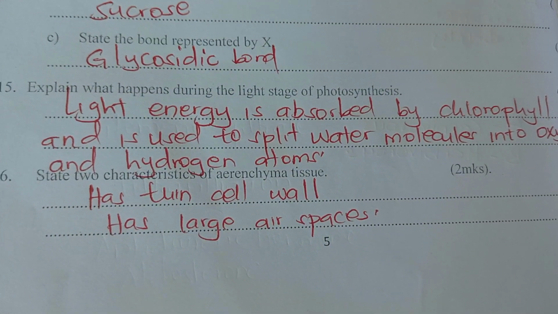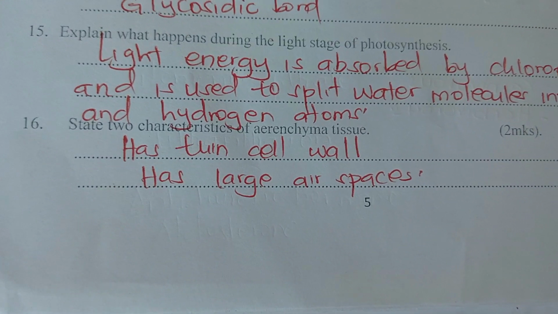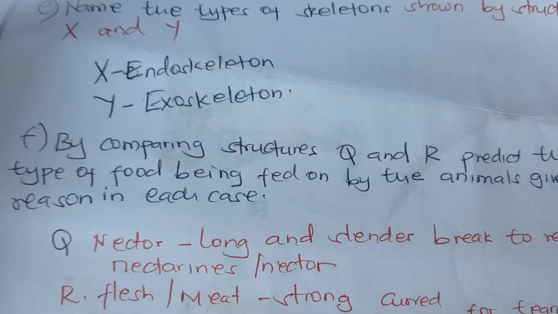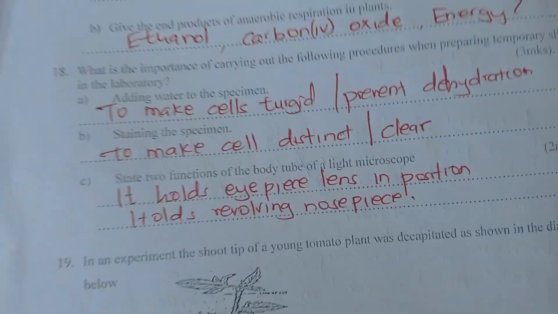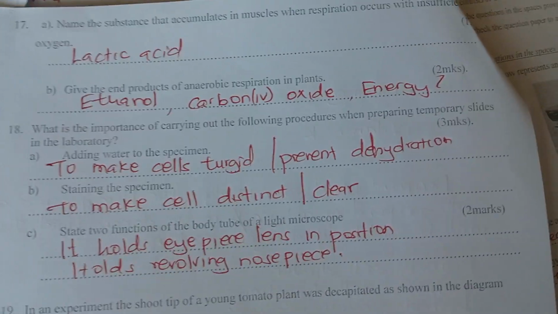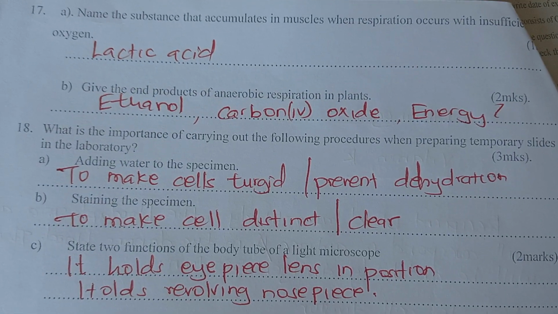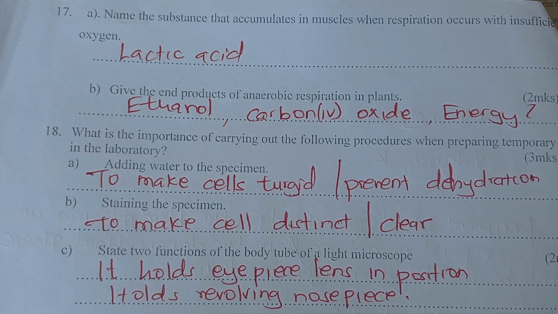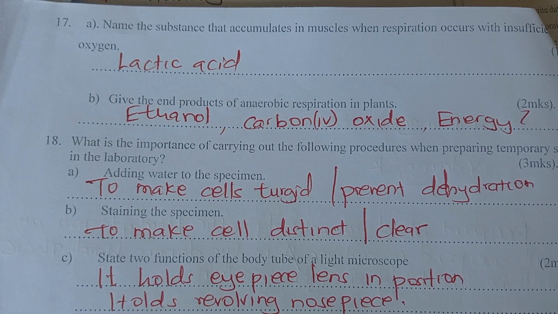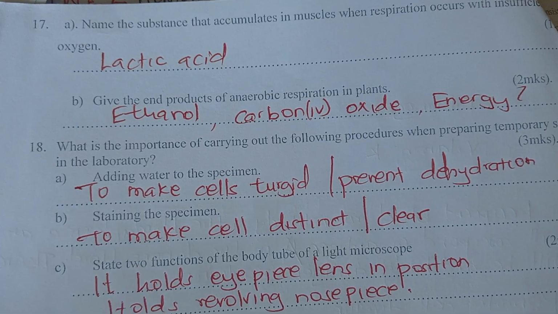State 2 characteristics of a parenchyma tissue. It has thin cell wall. It has large air spaces. Name the substance that accumulates in the muscle when there is insufficient oxygen.